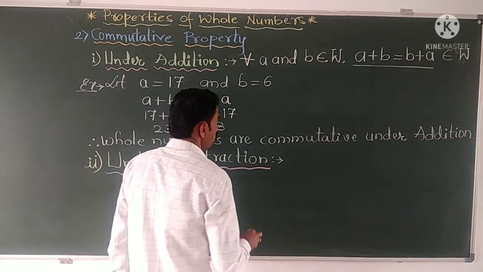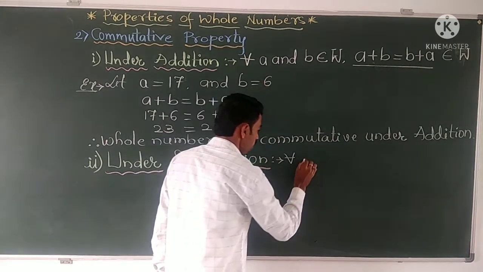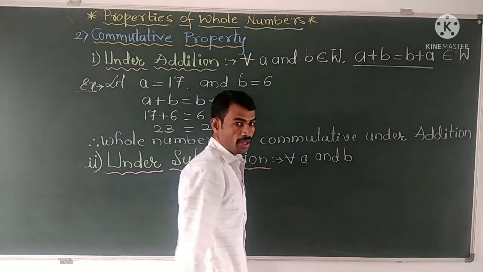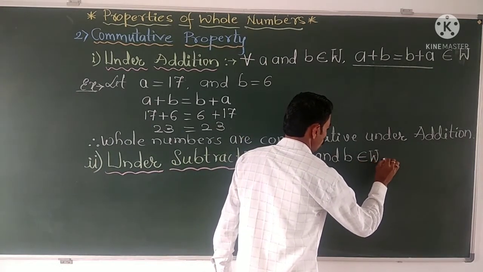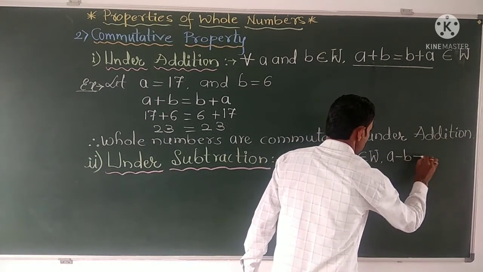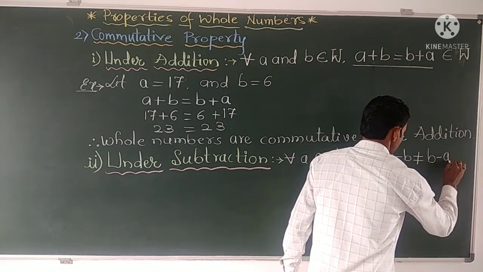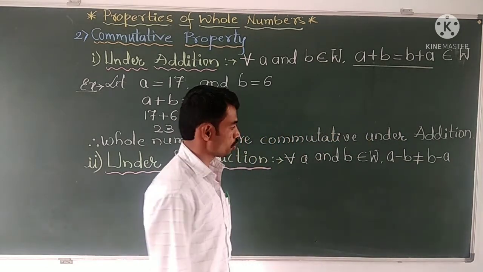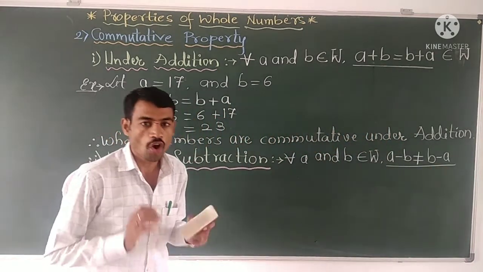So let us see here, for every A and B both in the set of whole numbers W, A minus B is not equal to B minus A. So this condition is not applicable.